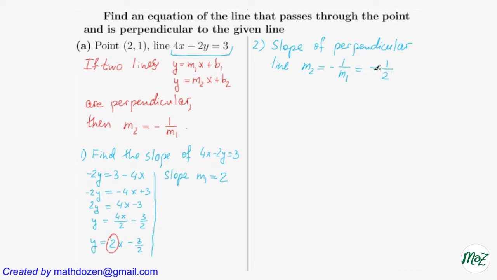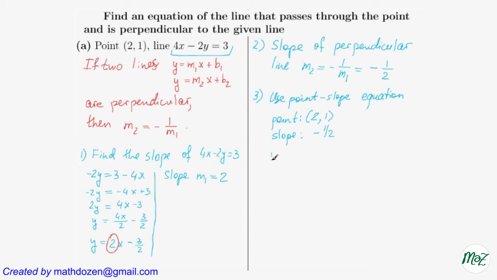That's negative 1/2. At this stage we can use the point-slope equation. Well, the point that we know of is (2, 1), and the slope of the line we're looking for is negative 1/2.